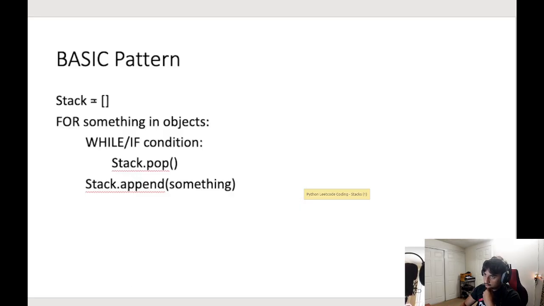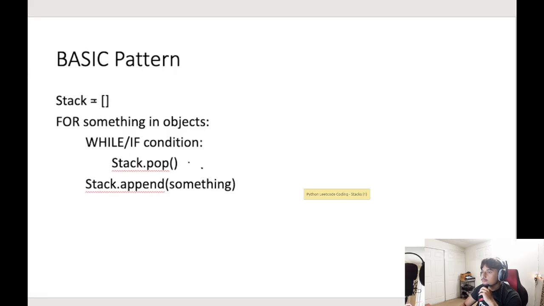But in LeetCode, essentially the basic pattern that you'll be seeing is you initialize a stack, and for something in objects, there's going to be some sort of condition. And obviously it's not going to ever be this simple, but there'll either be a while or if condition, and we'll probably pop something off the stack and usually add something to the stack here.